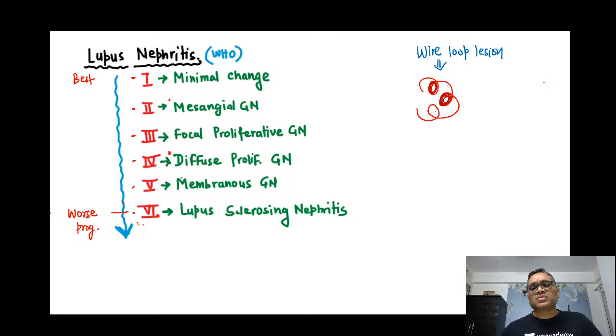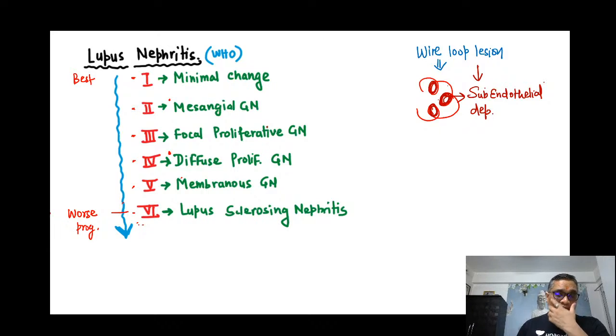So this immune complex deposition is below the endothelium. So what kind of deposition is it? Wire loop lesion is due to subendothelial deposition, right? So subendothelial deposition is the reason for wire loop lesion.